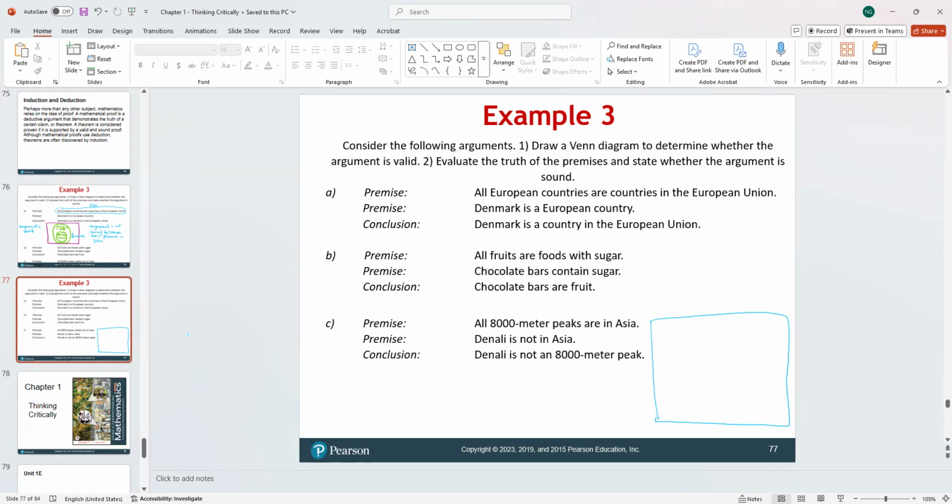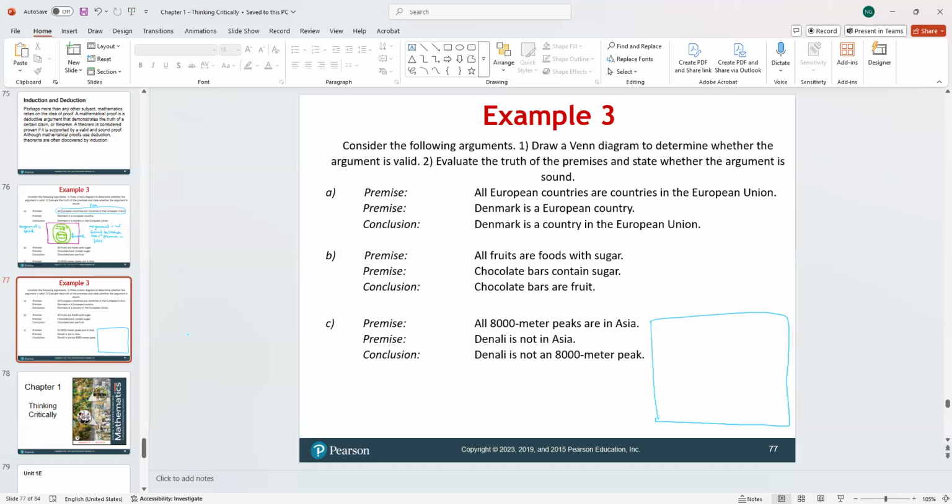We said that all 8,000 meter peaks are in Asia. So that's something again you need to verify, if this argument is valid. And we said that Denali is not in Asia. I believe Denali is not in Asia.